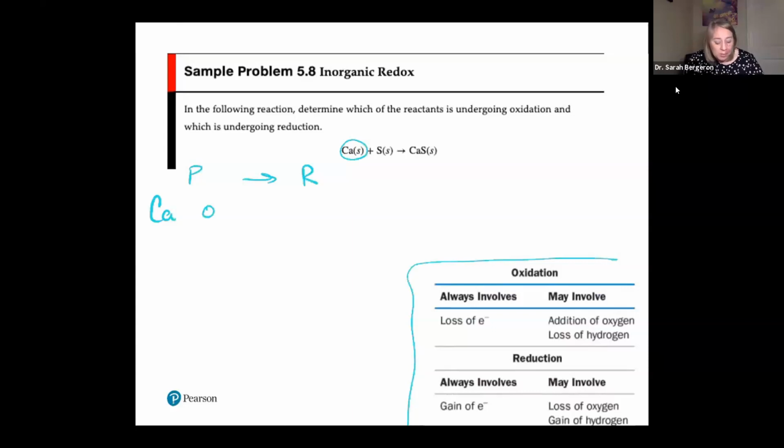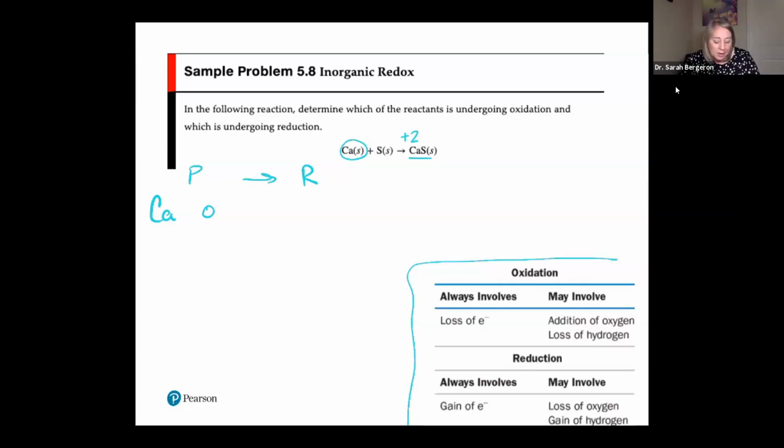Now when I come over here to CaS, I need to figure out what the charges are for my different elements. I know calcium is a +2 because it is in group 2, so go to your periodic table. This is how you find it. Now I want to find my sulfur, and sulfur is in group 6A or group 16, right?